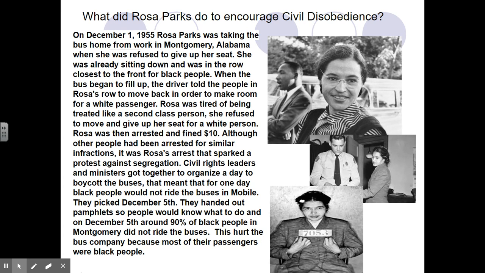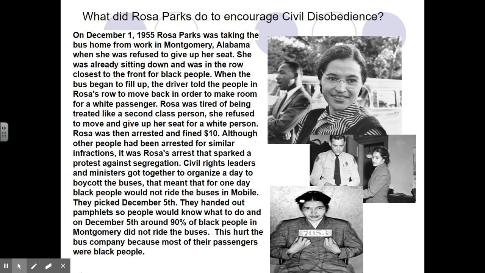Rosa was then arrested and fined $10. Although other people had been arrested for similar infractions, which means the same thing, it was Rosa's arrest that sparked a protest against segregation. Civil rights leaders and ministers got together to organize a day to boycott the buses. That meant that for one day, Black people would not ride the buses in Montgomery.